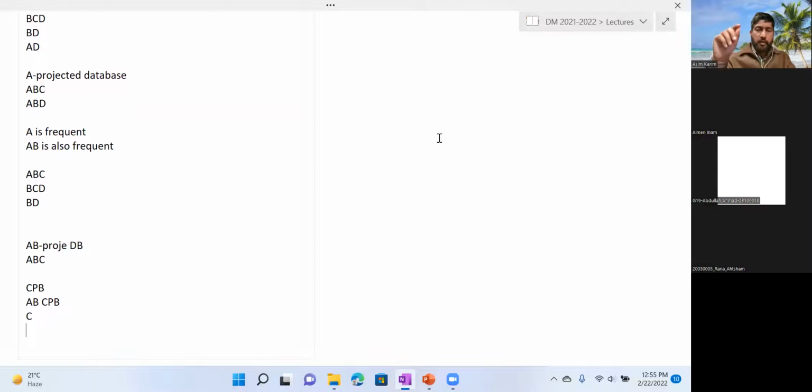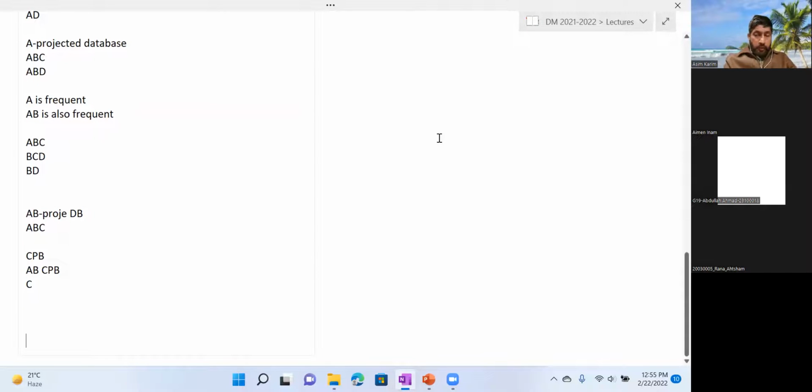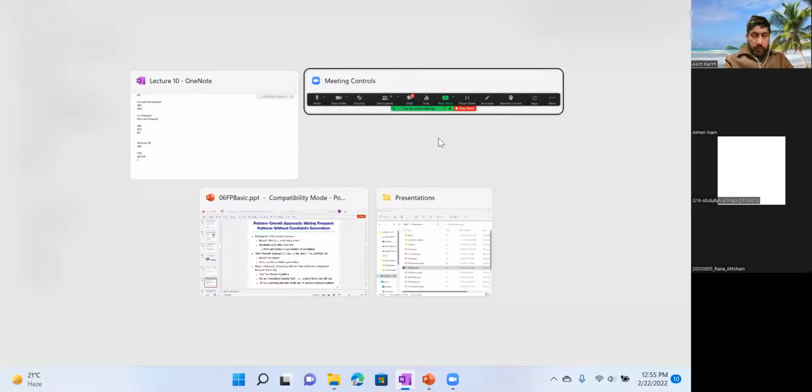It just writes the additional item or item set in addition to AB in each transaction. So this pattern base is conditioned on the projection item set AB. I think you'll get a better idea of this use in the FP growth algorithm, so let's go to the FP growth algorithm itself.